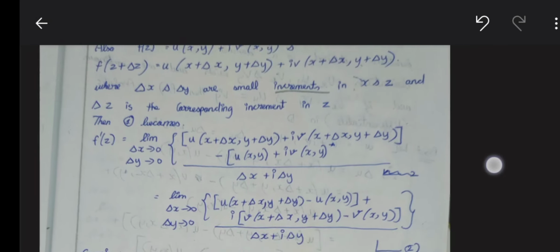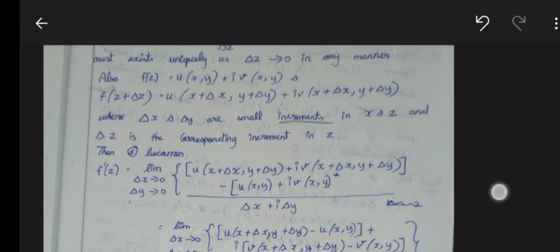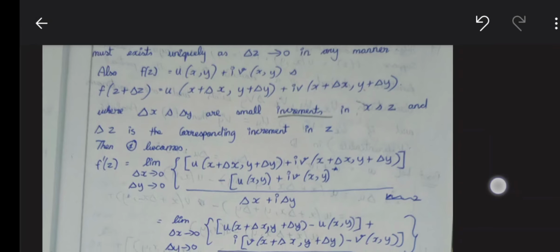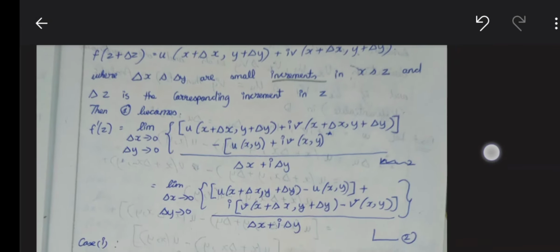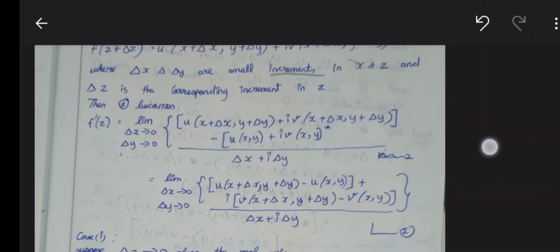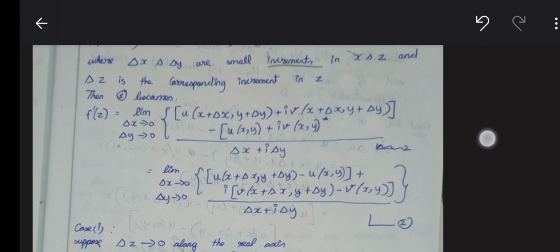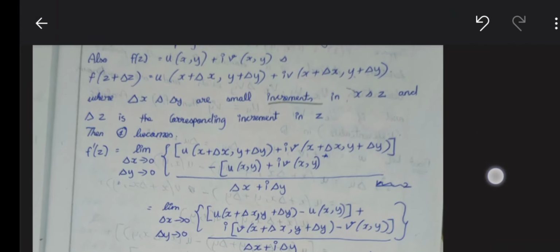Then the first equation becomes like the given equation below. f dash of z is equal to limit delta x tends to 0, delta y tends to 0. Then we have just added x plus delta x and y plus delta y.